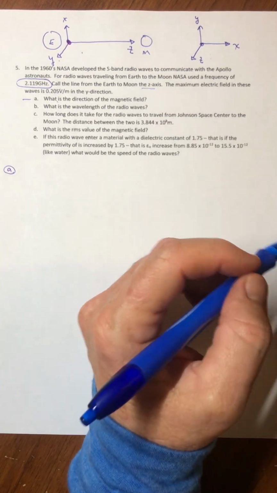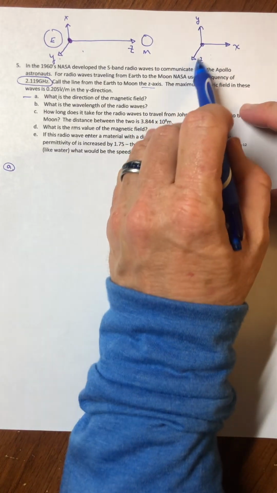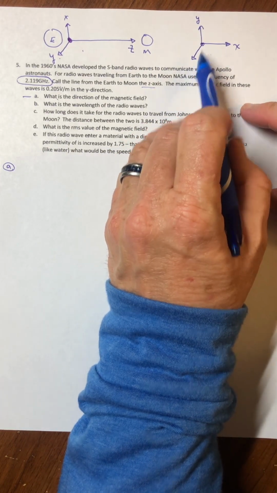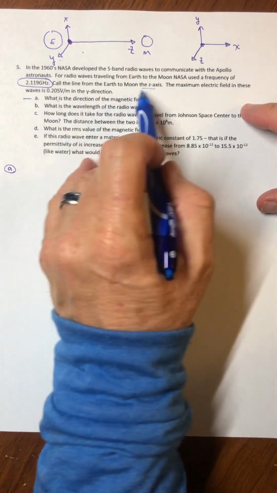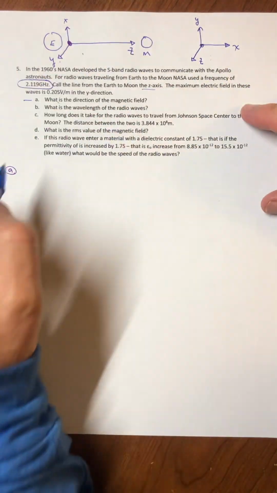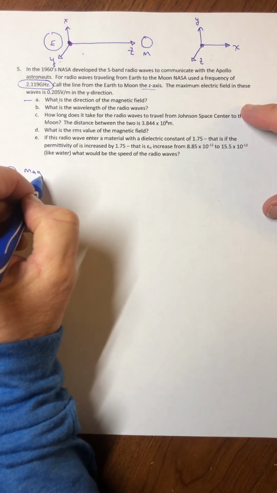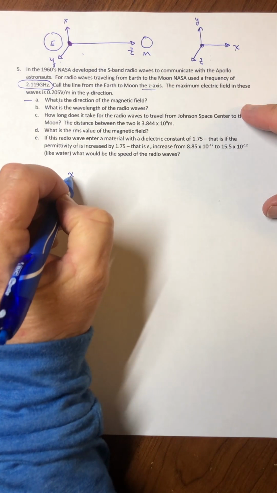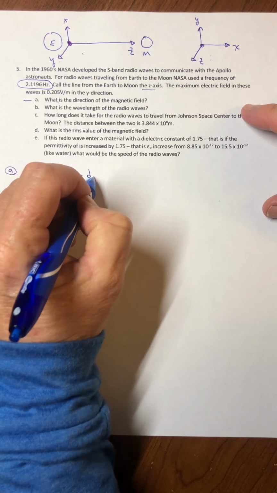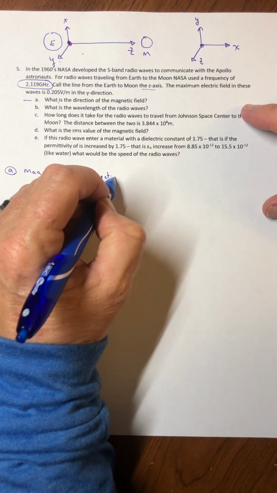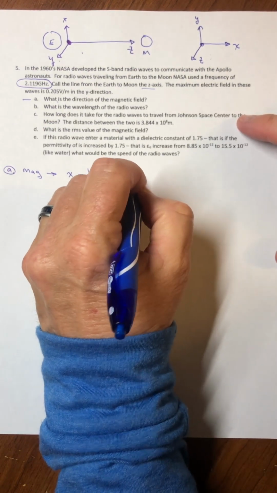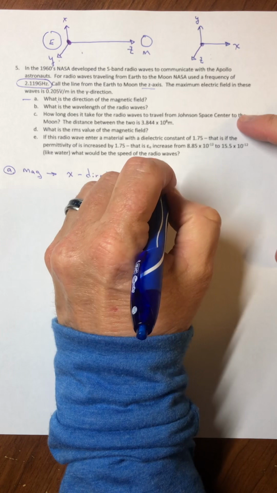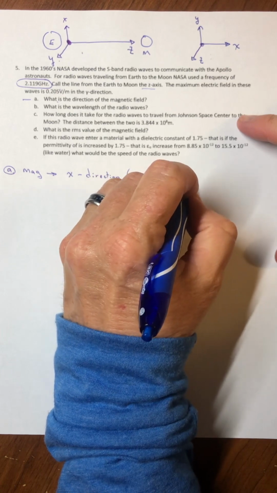So if it's traveling in the Z direction, the fields have to be in the XY directions. They're saying the electric field is in the Y. That would mean the magnetic field would have to be in the X direction. Maybe a little more technical, you might argue the negative X direction.